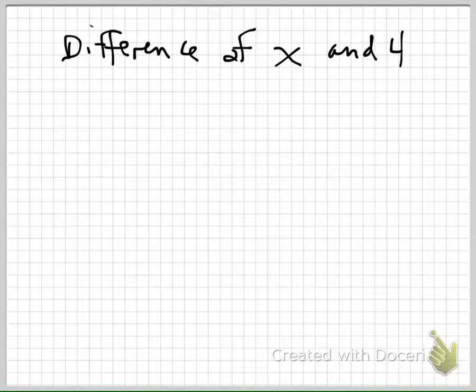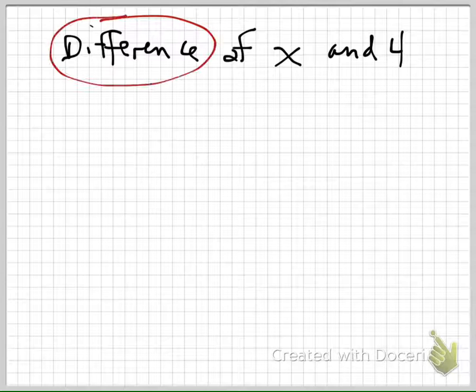You should all be done. What words do you see here that should stand out to you and tell you what to do? You see the word difference. That should tell you that we're subtracting, right? It says the difference of x and 4. So then you would just go x minus 4. Does that make sense? How many of you got that?